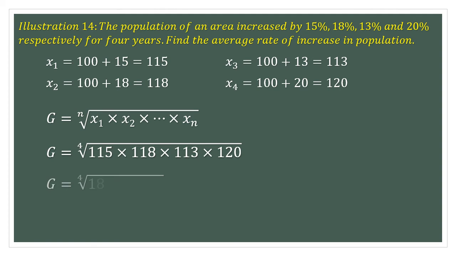Multiply the observations first. Now how to calculate the fourth root? You know that on your calculators you have a button for square root. So when you press that button once, it makes the square root of the given data. So square root is basically the 2 root.